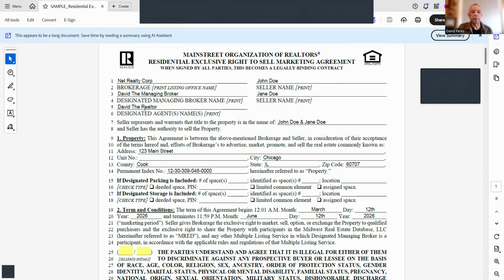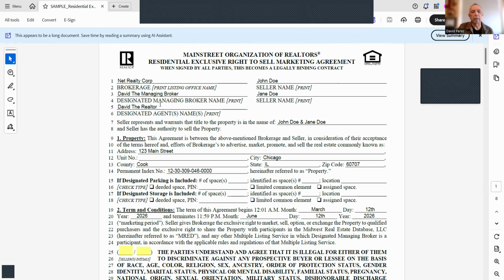Now, the designated agent would be the realtor or real estate agent that is in front of you when you sign this agreement.